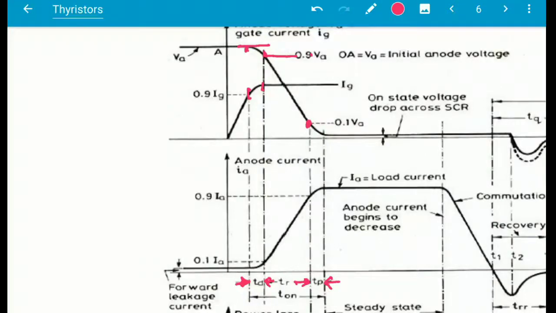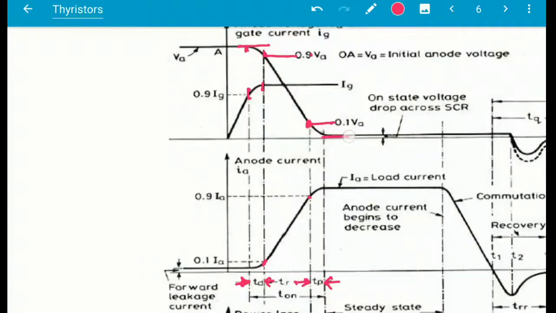And in terms of current, it will be 0.1 of anode current to 0.9 of anode current. That means from 10% to 90% of anode current. And then is the spread time. Spread time is from 0.1 of anode voltage to the final value.